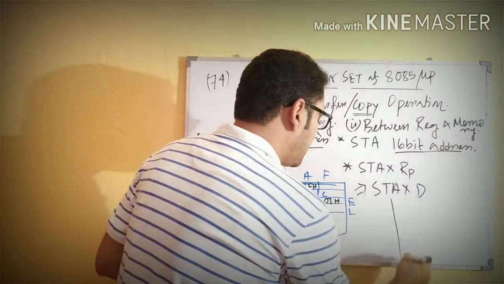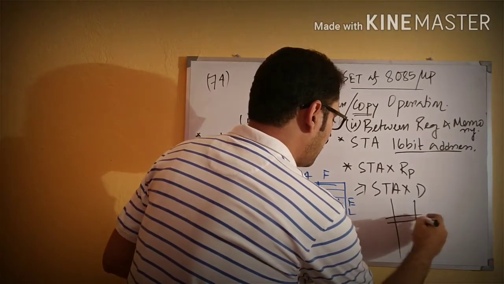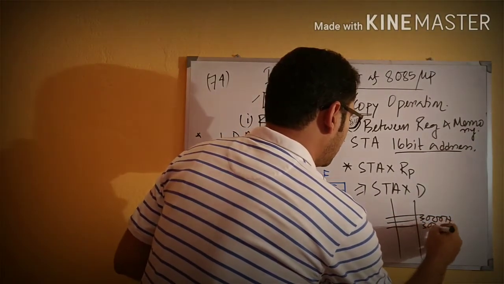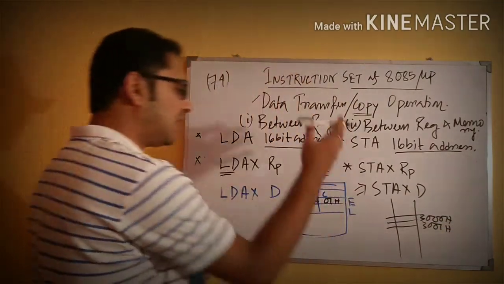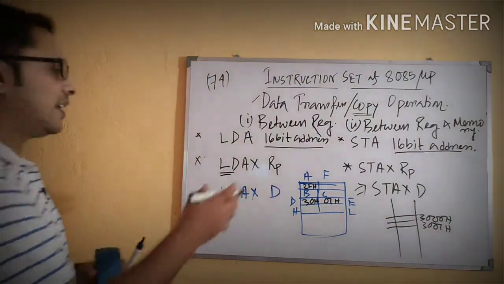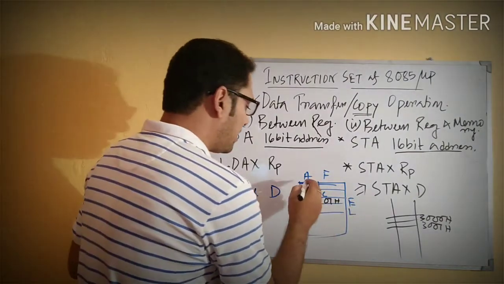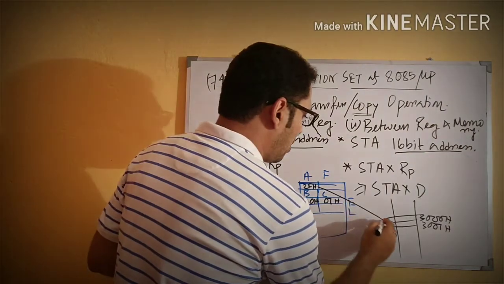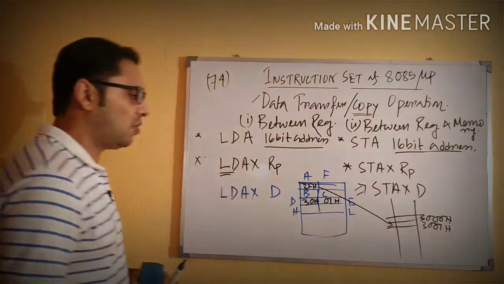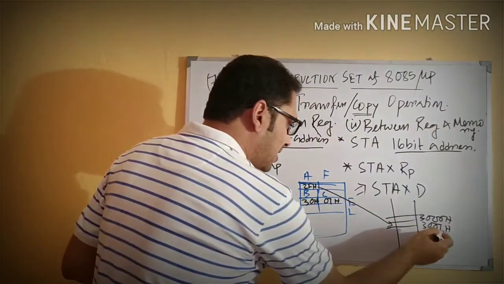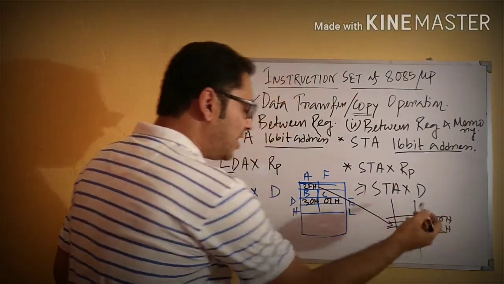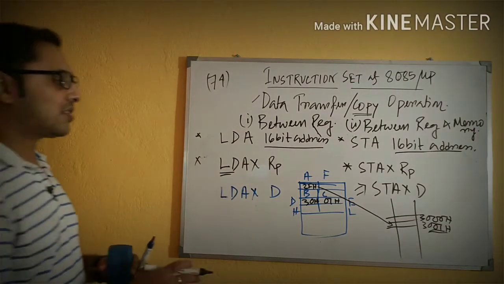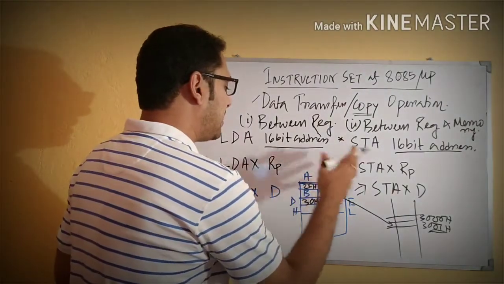If this is the memory and this is, suppose, 3000 hex location, the next one should be 3001 hex. After executing STAX D, the content of this accumulator, 2F hex, will be directly copied into 3001 because this memory location has been denoted by the DE register pair. That is why it is called the indirect method of storing.